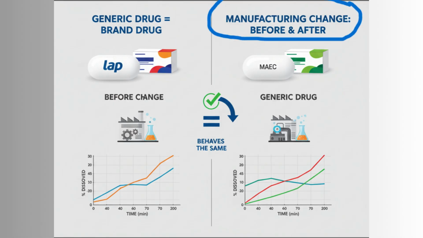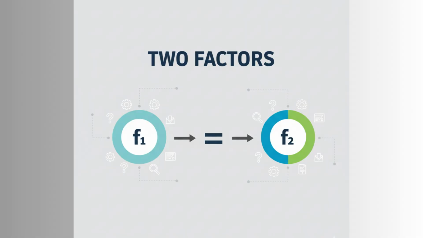Second case is to show that a product after manufacturing changes behaves same as before. See, once the product is approved and whenever we want to go for further changes of the approved product, we need to show that the product after changes we did behaves the same as before. The dissolution profile in these two cases can be compared based on two factors, that is f1 and f2.